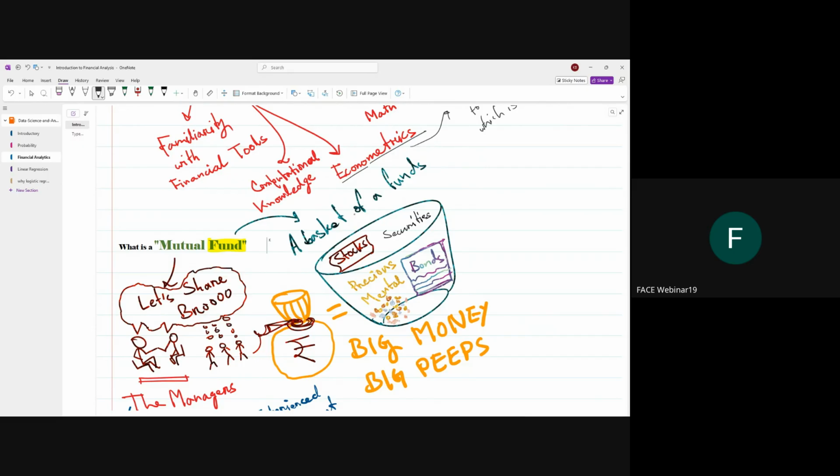Now this consolidated fund is used to buy different things. Consider this mutual fund as a bowl. In this, some of the money has been invested in stocks, some in securities. What are securities?